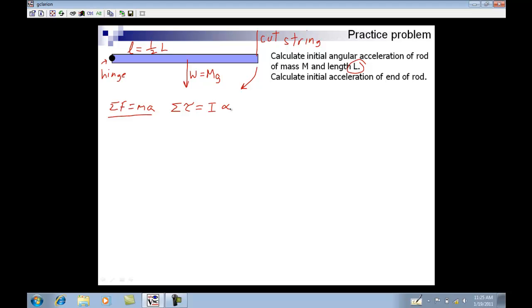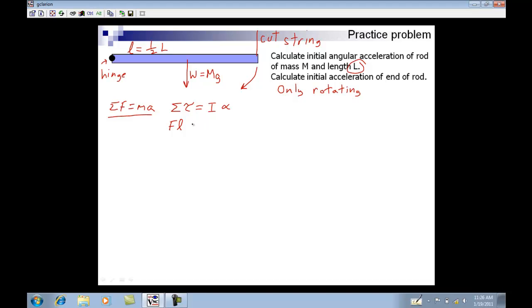So the object is only rotating. We need to make a note to ourselves: it is only rotating. Now, remember by definition, the torque is going to be the force times its lever arm.